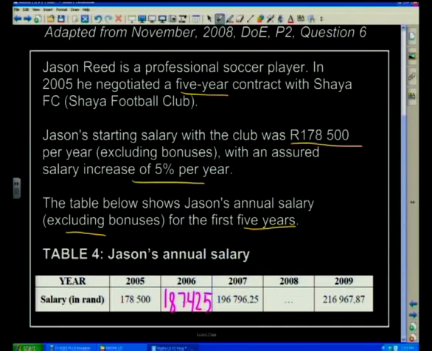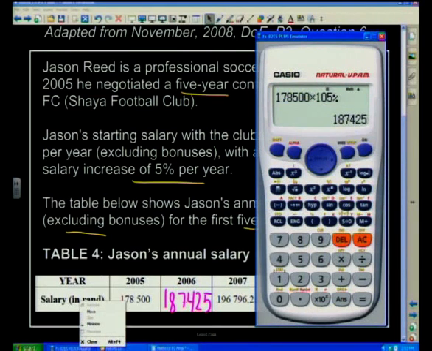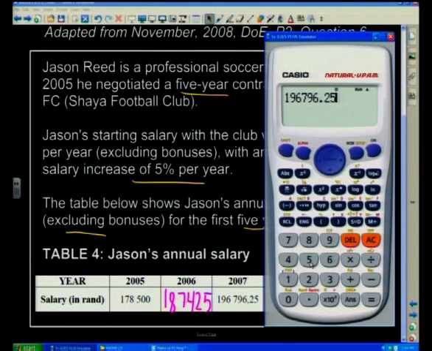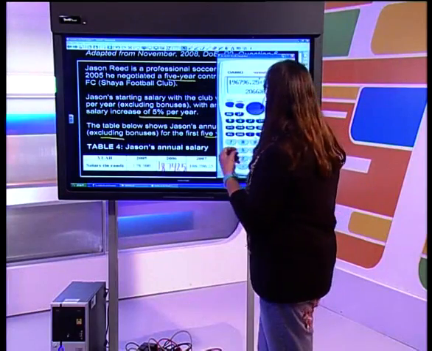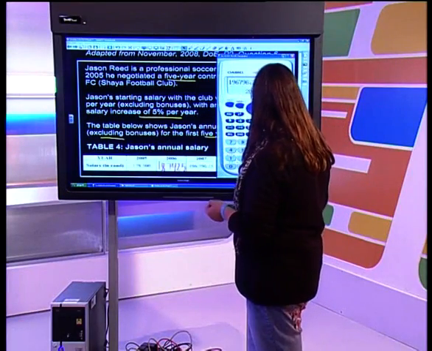We need to calculate 2008. So let's do that on our calculator. We're going to take our amount that we earned in 2007, 196,796.25, and times that by 105% to get an answer. We've got 206,636, and we're going to add the other four amounts.